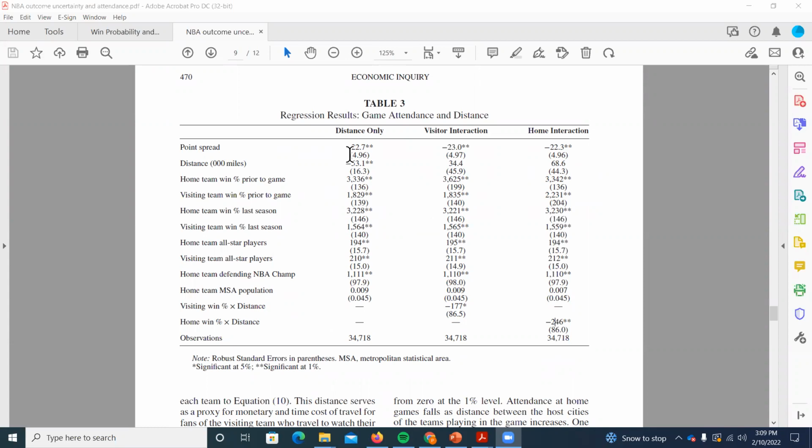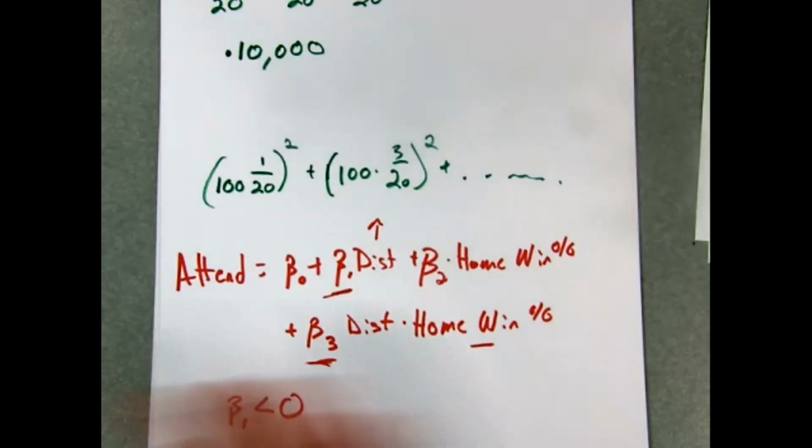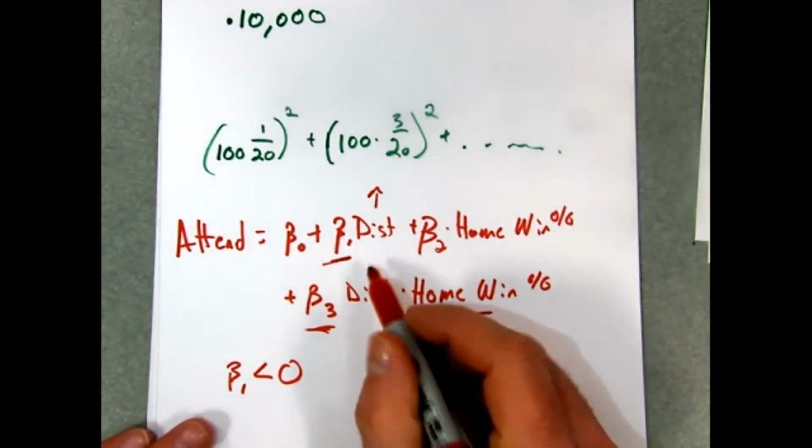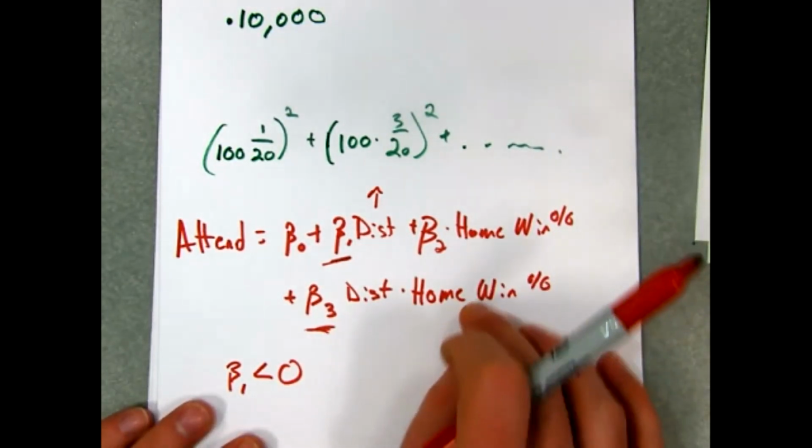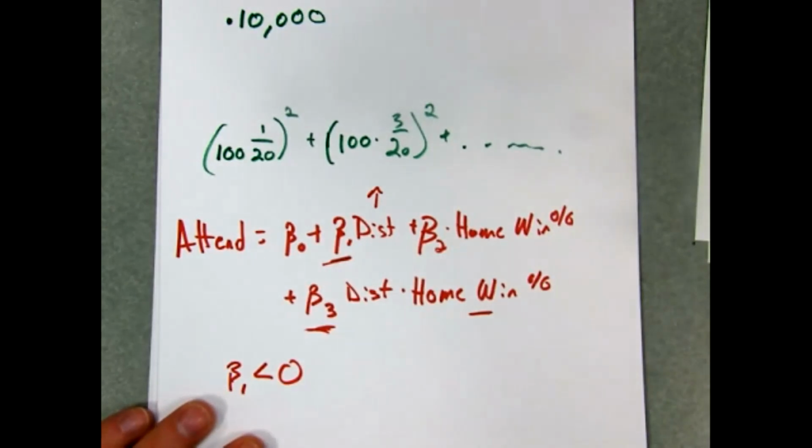But maybe it's not just purely the distance, right? Maybe it doesn't matter how far away it is, if I think that I'm going to get to see a good quality team play, or a high quality game. So when they interact that distance variable with home win percentage, you can think about now, this is the effect of distance independent of the quality of the team that I would be traveling to go see, as this visiting team.